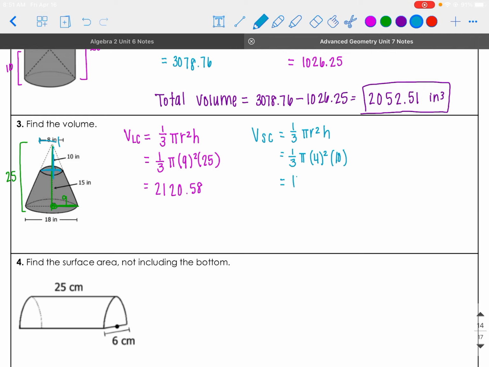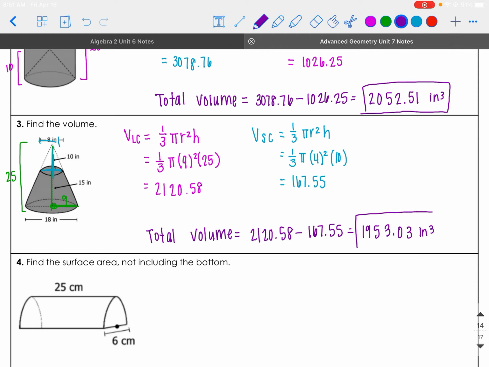So if we multiply that out, we get 167.55. So the total volume is, we subtract, to get 1,953.03 inches cubed.